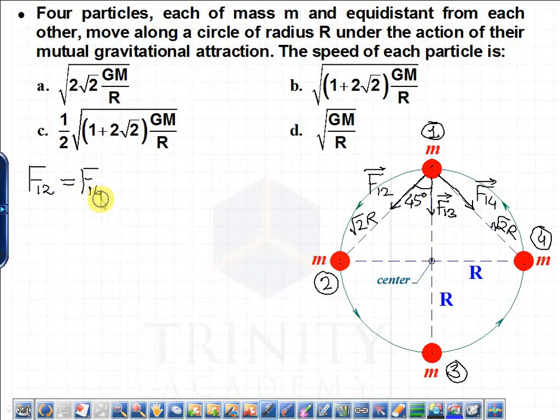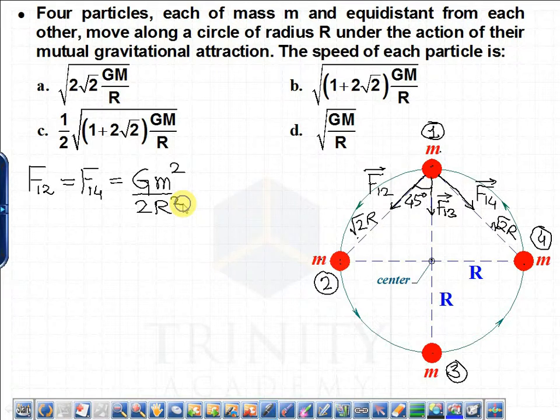So F12 is equal to F14 is equal to G into M1 into M2, where M1 is M and M2 is also M, so M square, divided by the square of the distance between the particles. The square of the distance means root 2 r whole square, so that will become equal to 2r square.